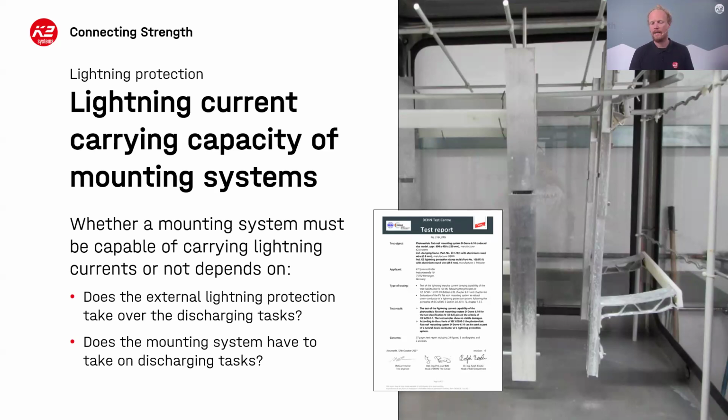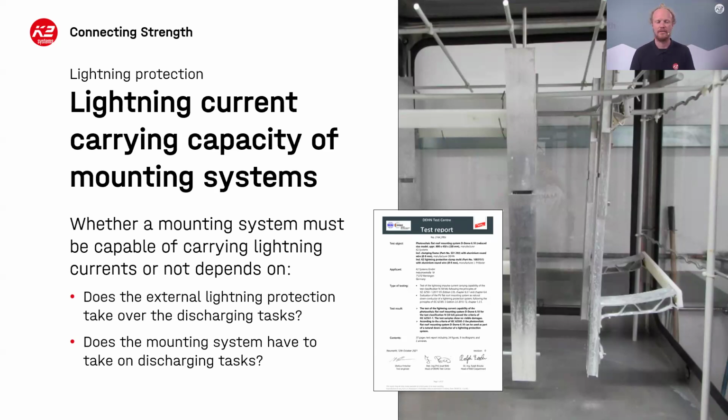Right. So if you have a situation where you have a lightning protection system and the current is designed to go through the lightning protection system, then the rails themselves don't need to be able to take over any of this discharge.